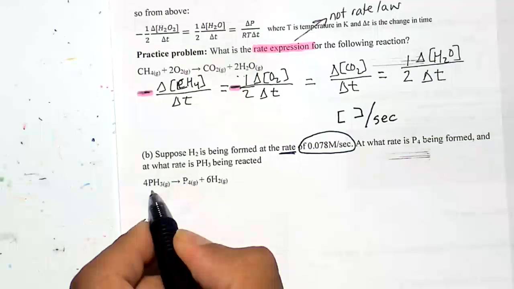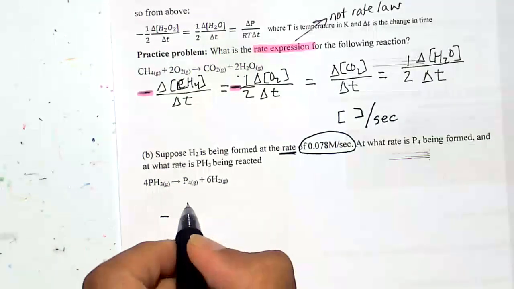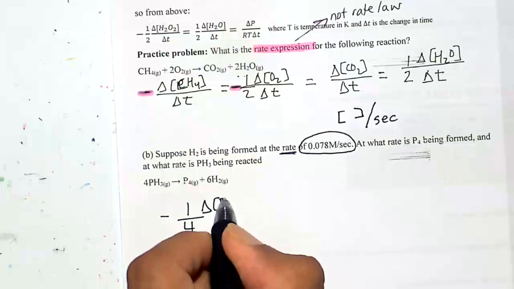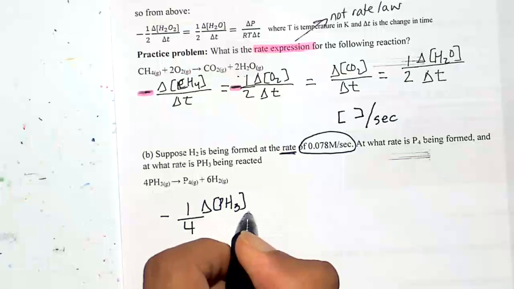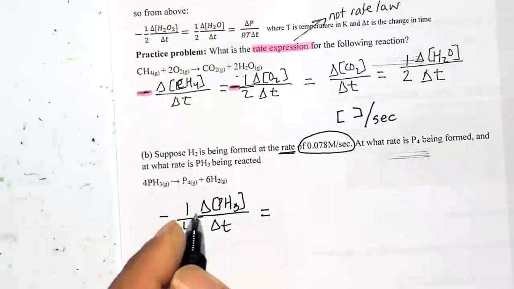So this is balanced. This is going to decrease, minus, because it's a reactant, 1/4 the change in concentration of PH3 over some increment of time.